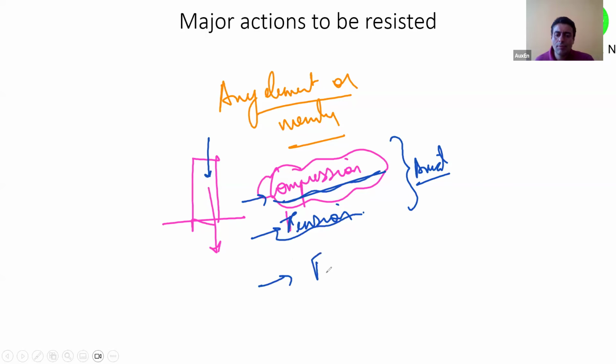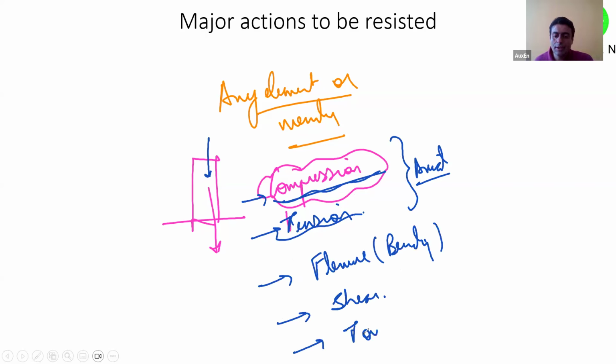Then there can be bending or flexure, isn't it? Very basic things. Another action that is possible, which is generally associated with flexure, will be shear. Another action that might be possible quite commonly is a twisting along the longitudinal axis of the member, which we call the torsion. I hope you are all with me. Okay.